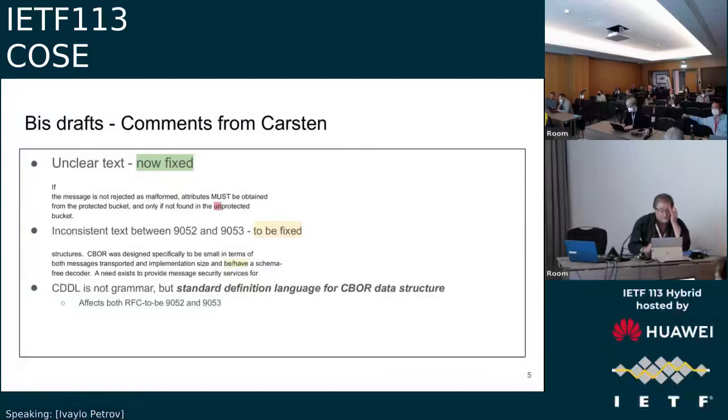And the last point is a suggestion to not call CDDL a grammar, but rather a standard definition language for data structures. All of those make sense to me individually, but we can discuss if there are other opinions.